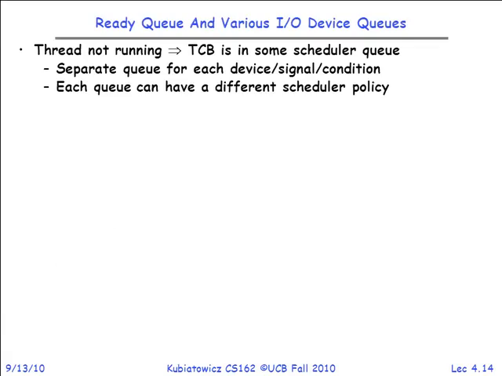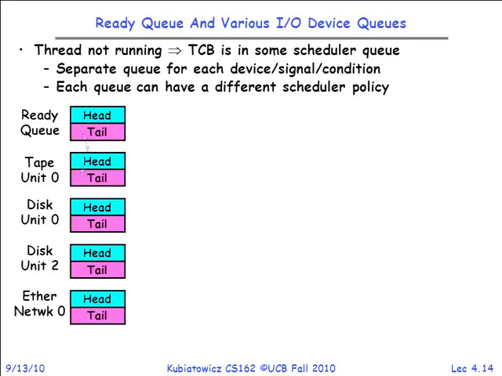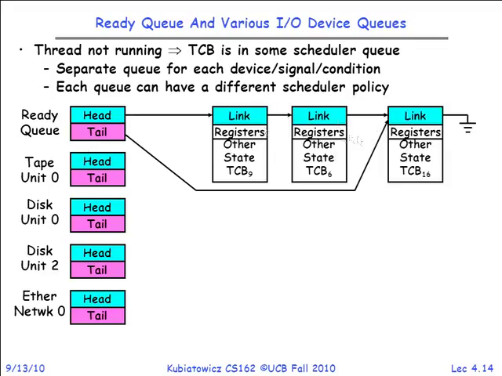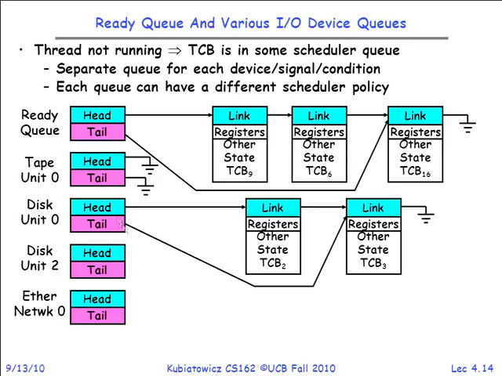So we have a separate queue typically for every device, signal, condition, whatever. So for instance, here's a bunch of queues. You might actually have the ready queue, which has a bunch of TCBs linked together, and these are the ones that are ready to execute. You might actually have, I don't know, a queue for a tape drive. I know they existed once. Notice it's empty, by the way, because nobody's using it. There might be links for the disk drive.